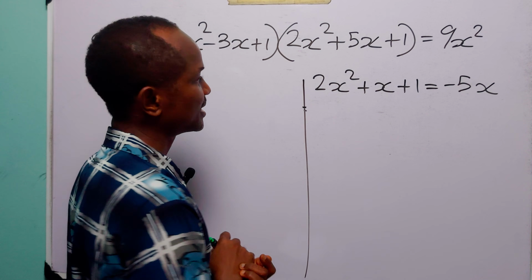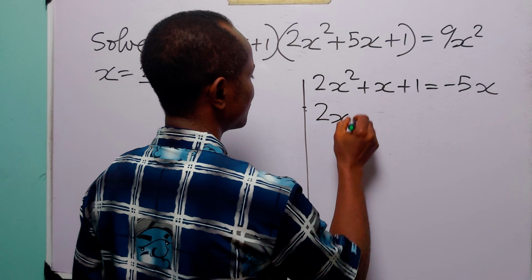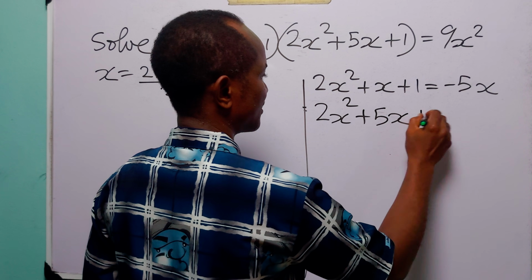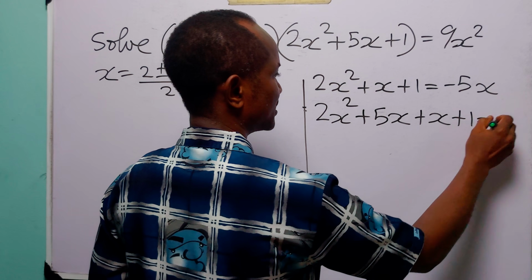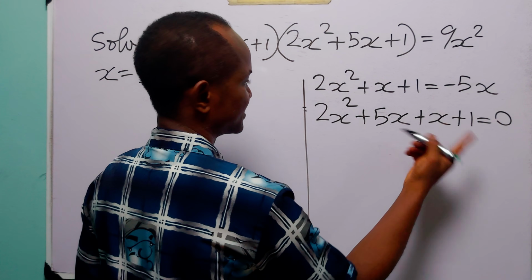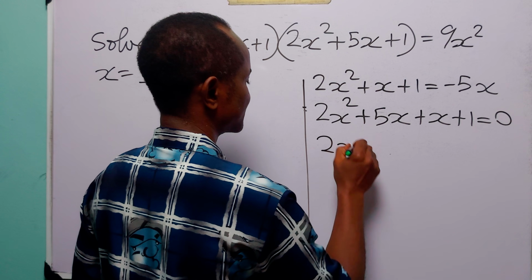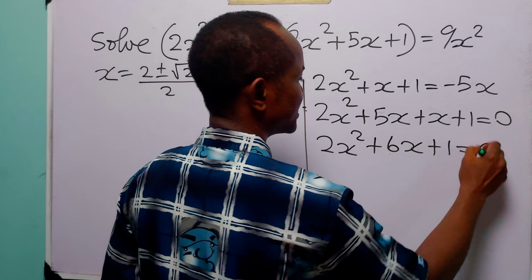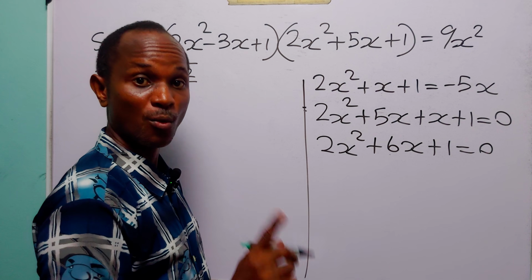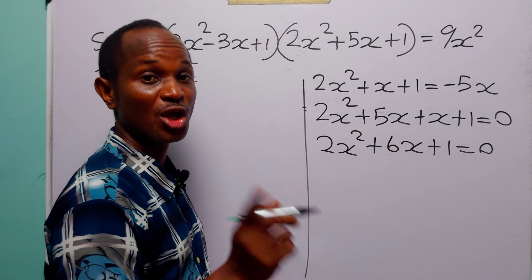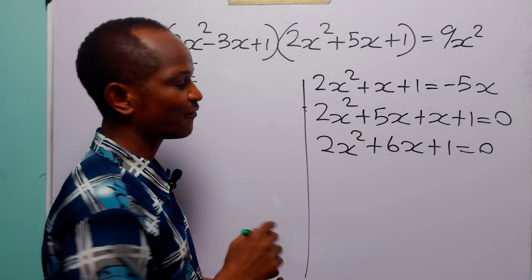And in the second case, we have that 2x squared plus 5x plus x plus 1 is equal to 0. 5x plus x is 6x. So 2x squared plus 6x plus 1 is equal to 0. Once more, we cannot solve this quadratic equation by factorization, so let us use the quadratic formula.